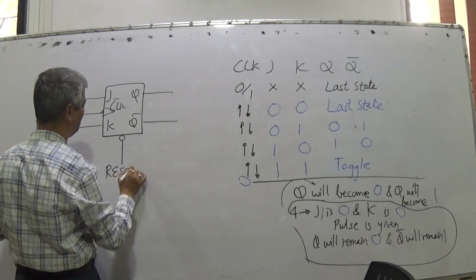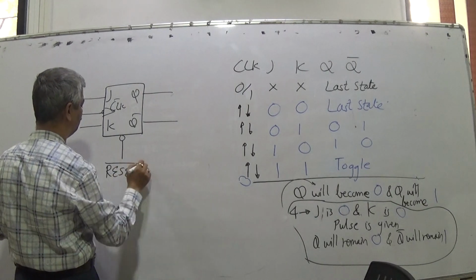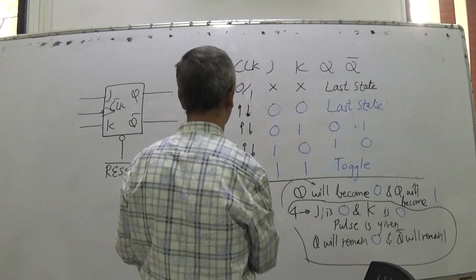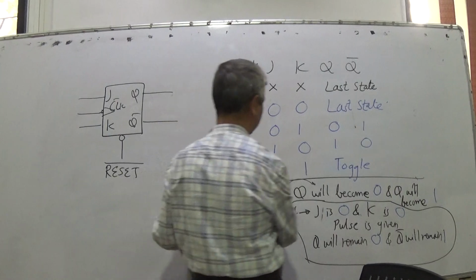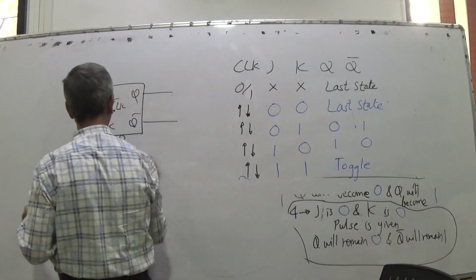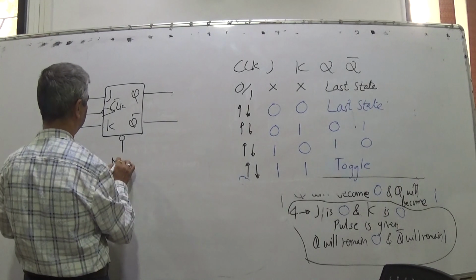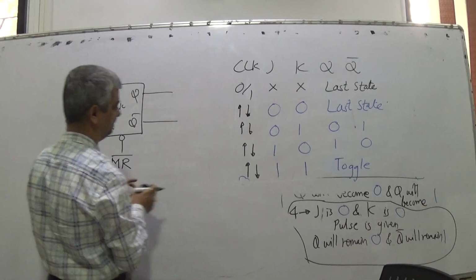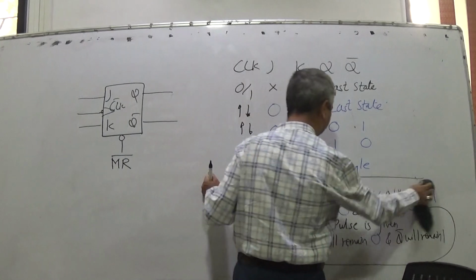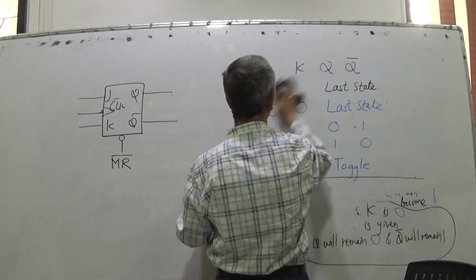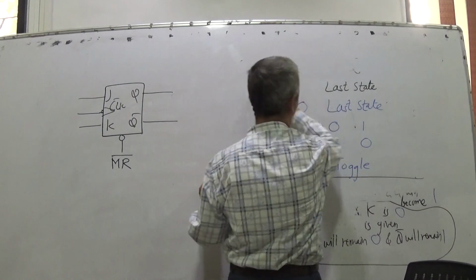Now why bar? Sometimes it is active low. The reset input is also called the clear input. There is also a preset, but right now we don't discuss that. It is a master clear, or we can call it master reset, MR bar. So this master reset is an overriding input over all.